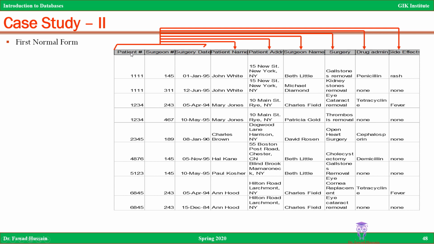So therefore the patient number, the surgeon number and the surgery date will uniquely identify each row in this table. And ideally I would like to have something like this.